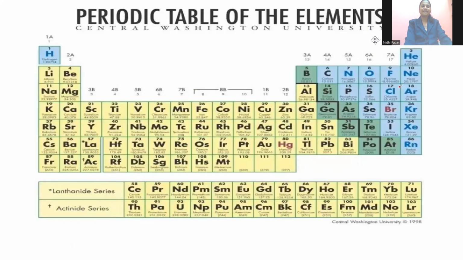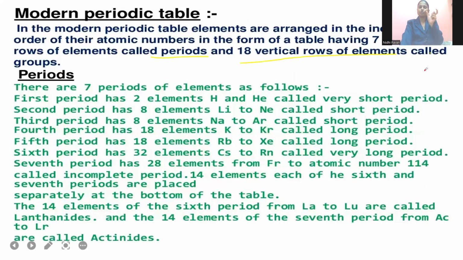The second period has 8 elements: lithium, beryllium, boron, carbon, nitrogen, oxygen, fluorine, neon. It is also called a short period. The third period also has 8 elements, and it is also called a short period.